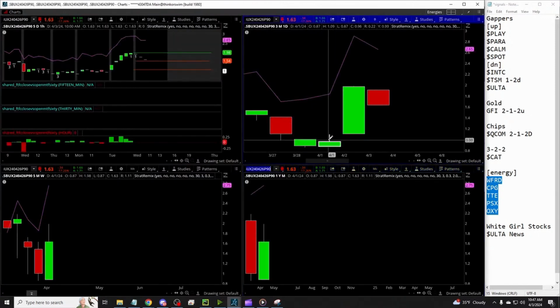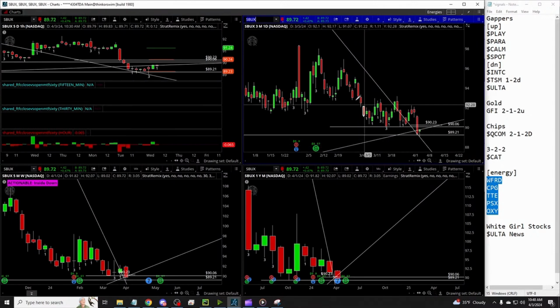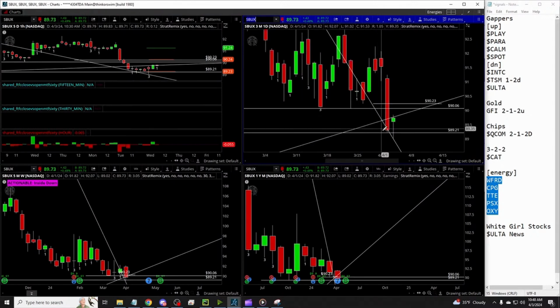You'll see here, it was trading about $1. So intrinsically, it'd have to go to 89 before the expiration for me to break even. But since it's a monthly expiration, it'll move a lot more than that, since it still has so much time on it. So by the time Starbucks reaches down into the monthly and quarterly and yearly pivots, it's already at 89.